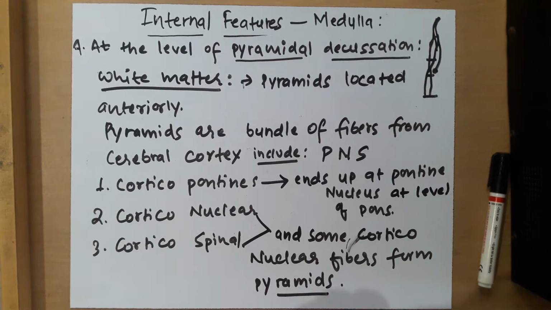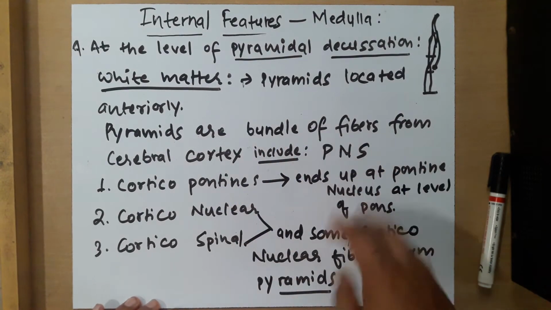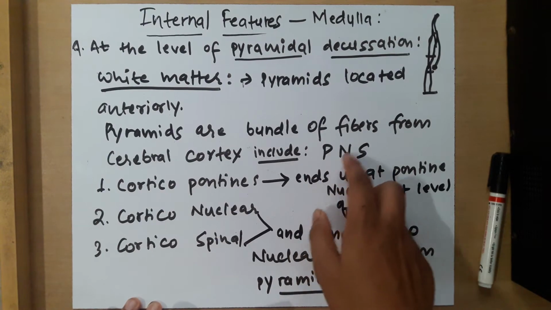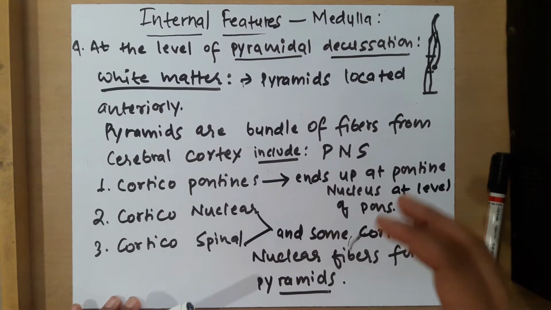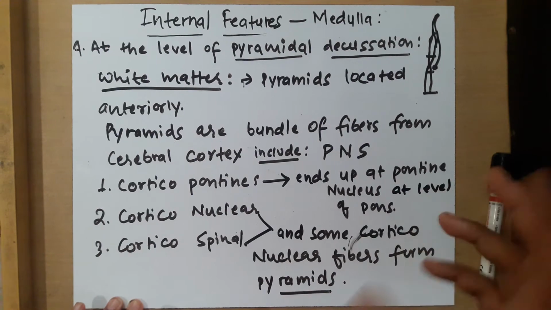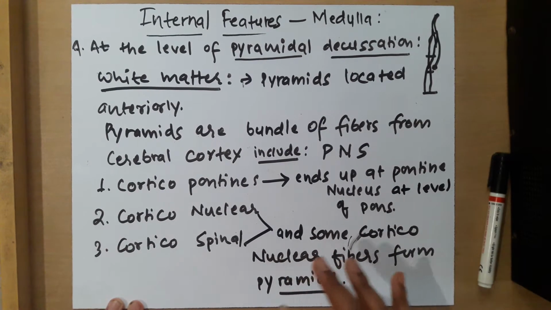Now I guess you are clear about the pyramids, yes or no? Three fibers coming from the cerebral cortex: corticopontine, corticonuclear, corticospinal. We can remember it by the trick PNS. Among them, corticopontine ends at the pontine nucleus at the level of pons, and the corticospinal and some of the corticonuclear fibers form the pyramids.